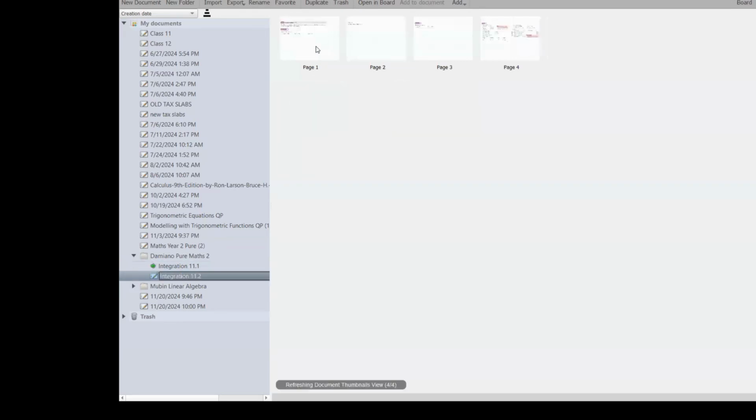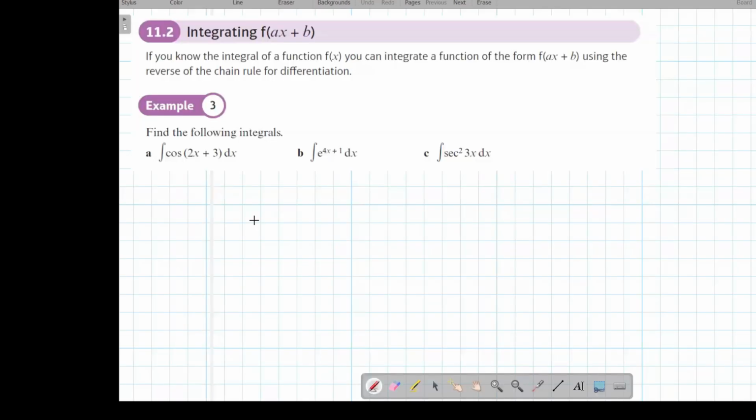The next part is integrating, or finding the antiderivatives, when f of x is displayed. This is a composite function, a composition of a function with a linear function, right?